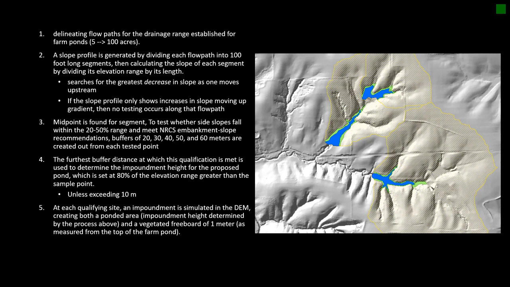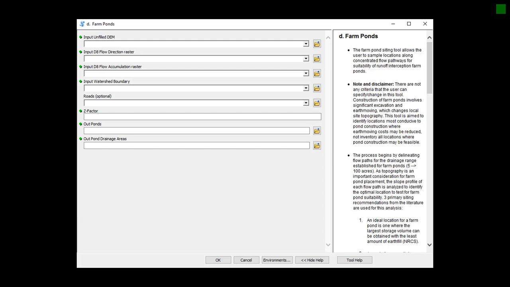This allows suggested farm ponds to range between 1/8 and 8 acres. If a site is found to meet this suitability criteria, the site is then kept and used as an output feature class. You'll probably notice that the user cannot change or adjust any of the criteria within this tool.